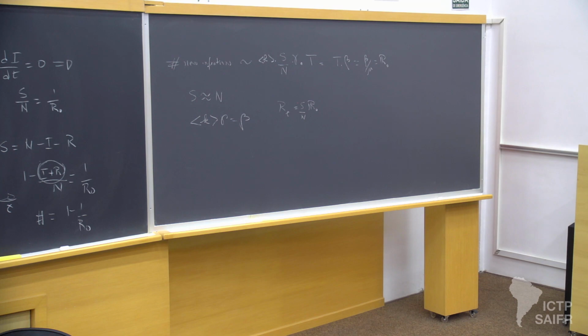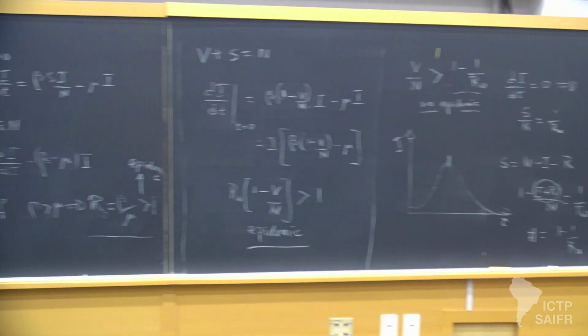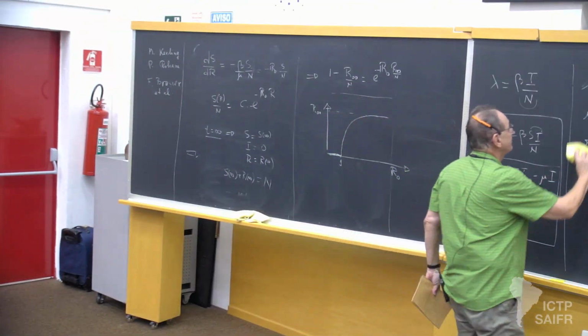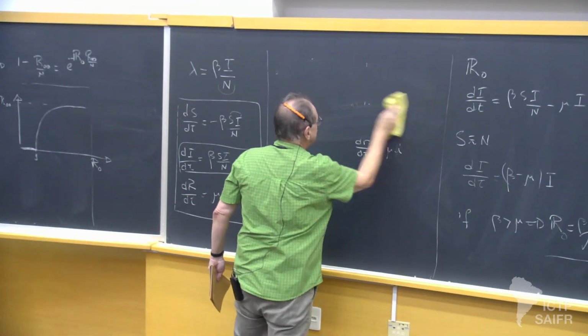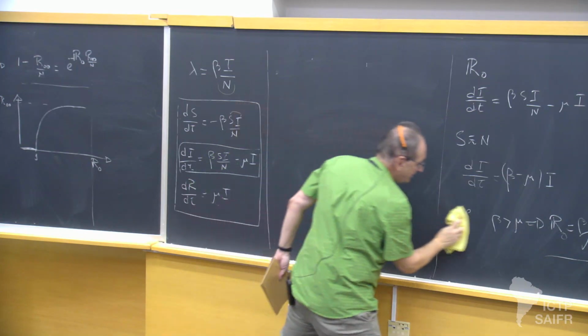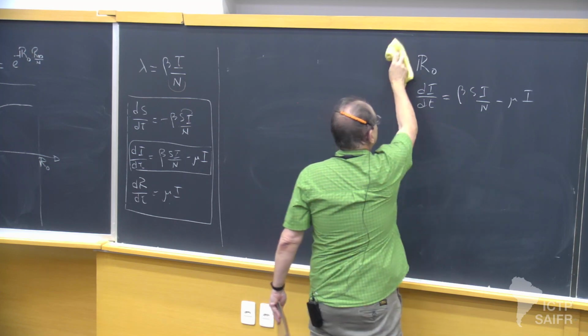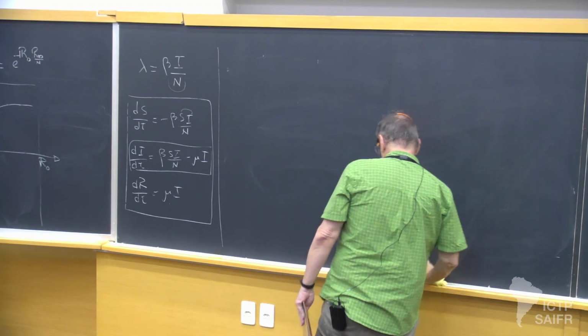So instead of this, let me write a new model, which is essentially the same as the SIR model, but with a new effect, which is called the demographic effect.